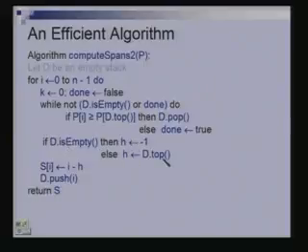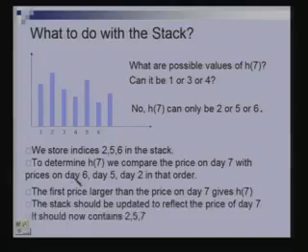Else what is h? h is the top value of the stack. And once I know h, I can compute s of i, and I keep this in. And I will push i back in now.